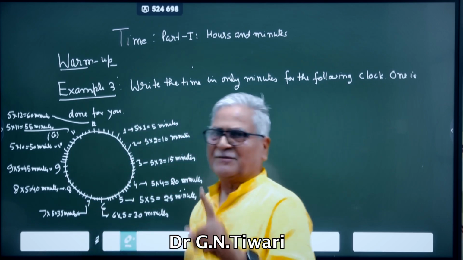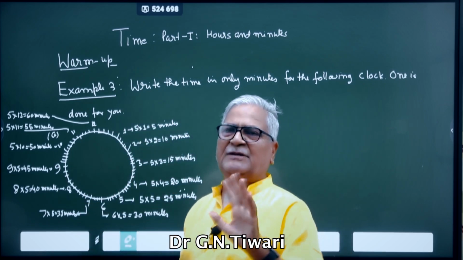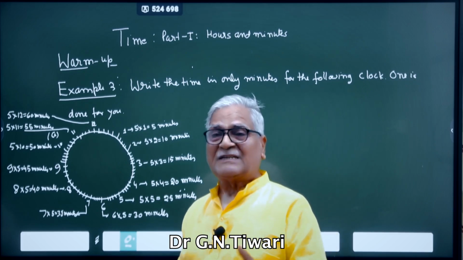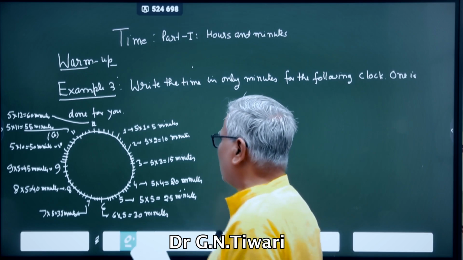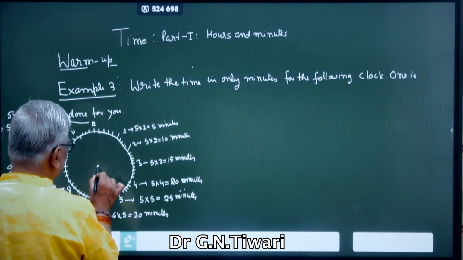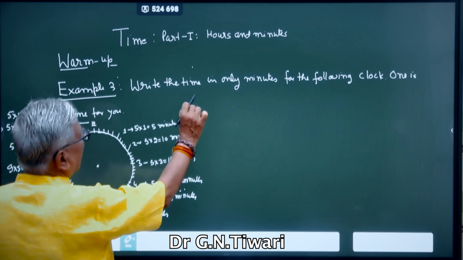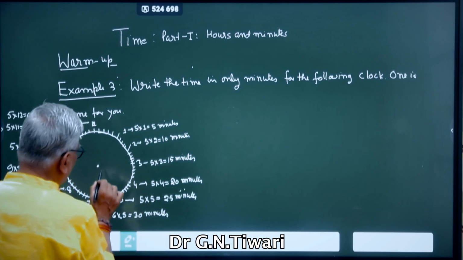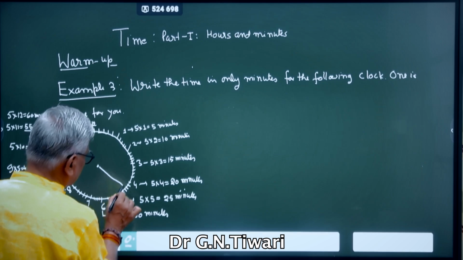दैट इज वेरी वेरी इंपॉर्टेंट एंड इट इज नॉट मेंशन एनीवेयर इन द बुक एज आई अंडरस्टूड. बिकॉज समटाइम्स you presume that a student know, but it is a small kids. Now here I am just only talking of the minutes, because yes, write the time in only minutes. Suppose your big handle is here.